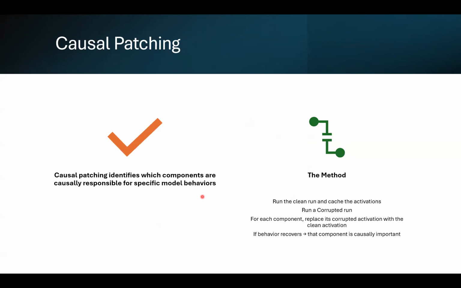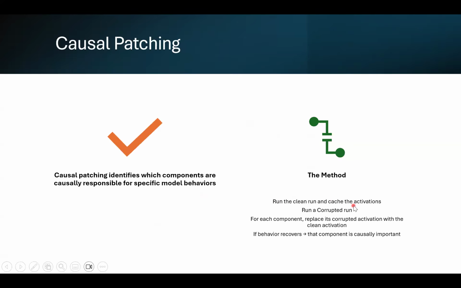Because if we change the activations of that particular block or component and it does not affect the model's output, that means whatever calculations were being done by that component is not at all relevant for the output generation. So it has a very basic method.